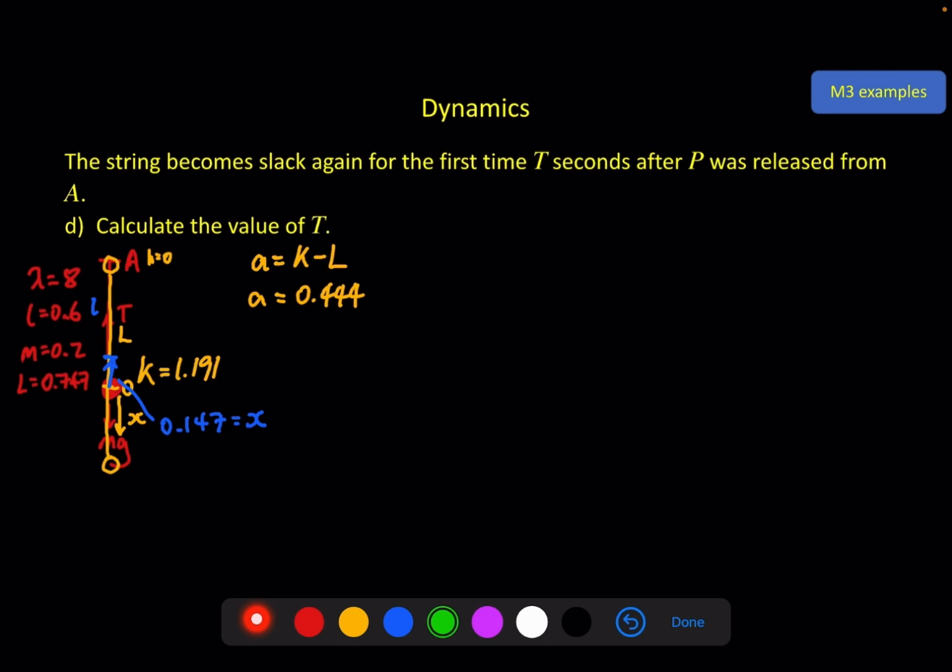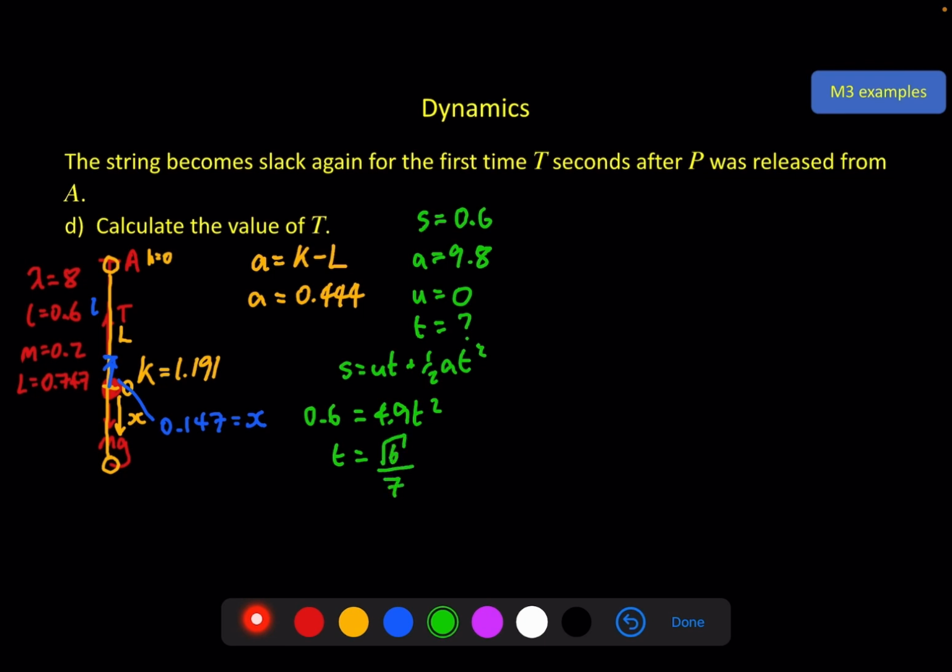So as we fall from A, we're using s equal to the natural length of the spring, 0.6, a equal to 9.8. Starting speed is 0, and we need the time, so we're using s equals ut plus a half at squared, where ut becomes 0, 0.6 is equal to 4.9 t squared, and that gives me root 6 over 7, and I'll leave it in exact form for now. So that's the motion just from A down to the natural length.